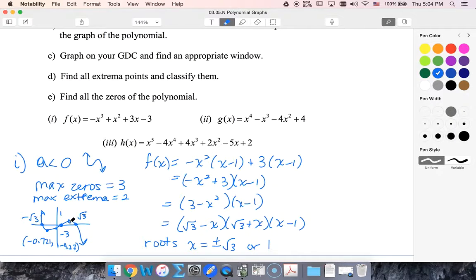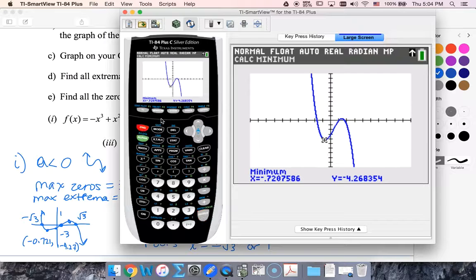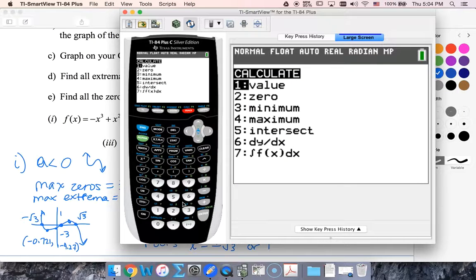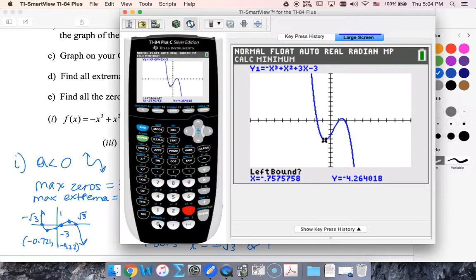And now for my maximum, that's going to occur between 1 and root 3. So again, back to the calc menu, and now I'm going to find the maximum. I know on the left side is 1. I know the right side is square root of 3. So somewhere in the middle of that, I'm going to guess maybe 1.2.